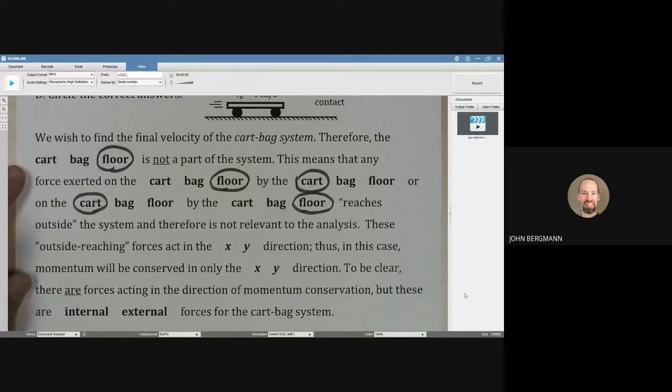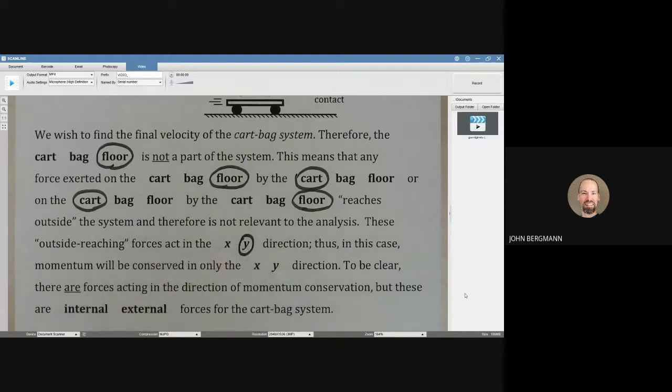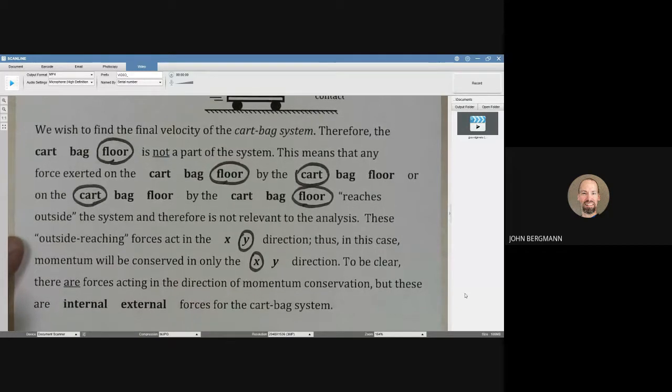These outside reaching forces act in the y direction. Thus, in this case, momentum will be conserved in only the x direction. To be clear, there are forces that act in the x direction, but these will be internal forces for the cart bag system.